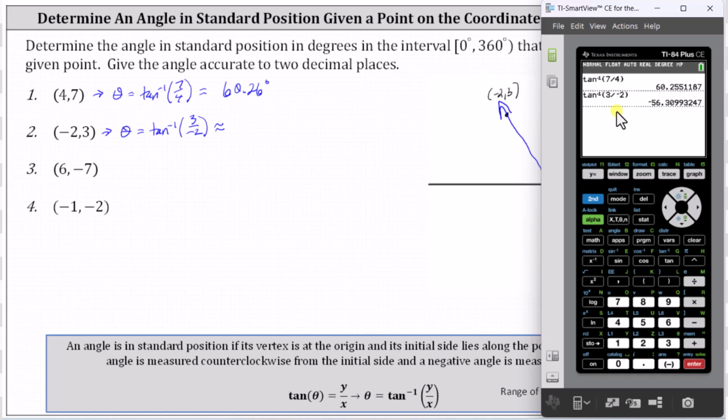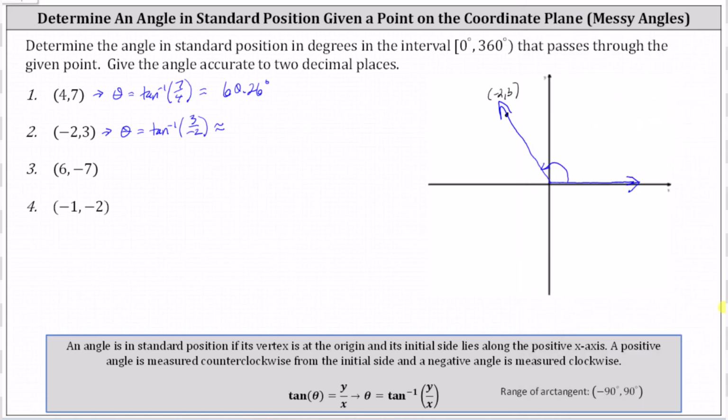One way is to recognize -56.31 degrees would have a reference angle of 56.31 degrees, but in our case, it will be the reference angle in the second quadrant. The other option is to sketch the angle given by the calculator and then add 180 degrees. Let's show both methods.